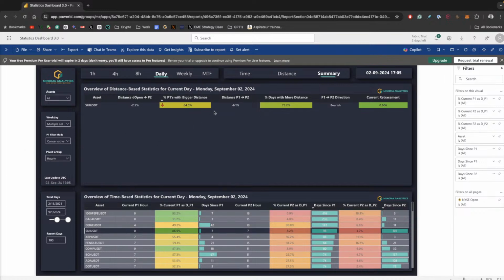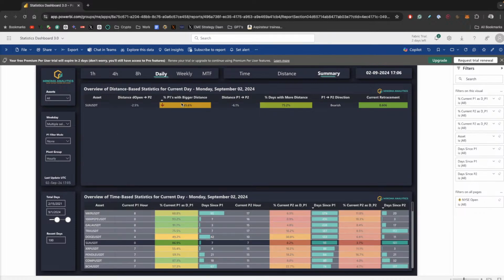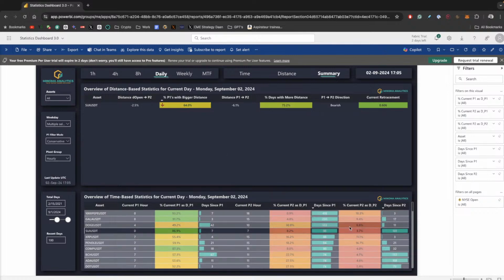And the only thing is that this one is not very generous, so to say. You could press normal filtering, but even then, I don't think I would go for that. I mean, you could still go for it based on this alone, right? 98 days and 101 days. So you know that the current P2 is probably not going to be P1 if this holds, and also not going to be P2.